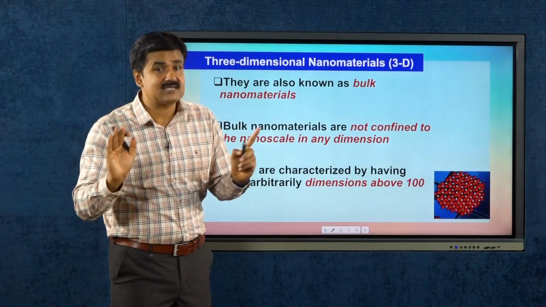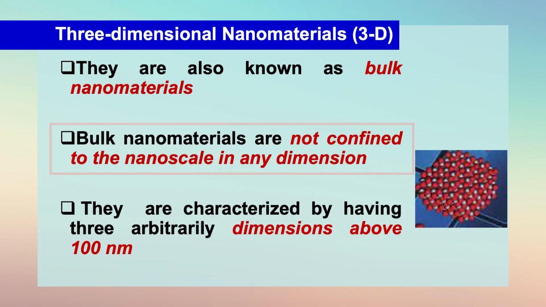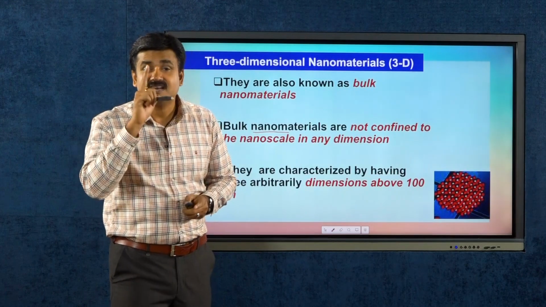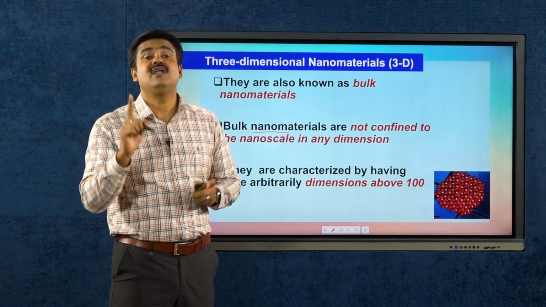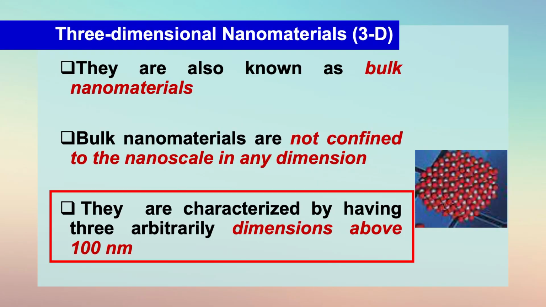They are not bulk materials. Bulk nanomaterials, not bulk materials, are not confined to the nanoscale in any of their directions. Even though this is the fact, they are individually small nanoparticles. They are characterized by having 3 arbitrary dimensions, namely the x, y and z dimensions above 100 nanometers.